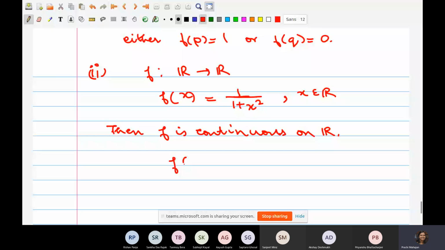The first is that it's always positive, isn't it? And what is an upper bound for this? The denominator is always at least 1, which means that the reciprocal is at most 1 for all x in R. Is that the case? Yes, ma'am.